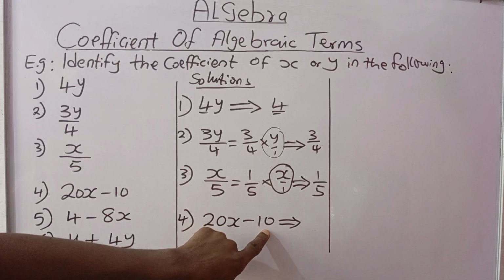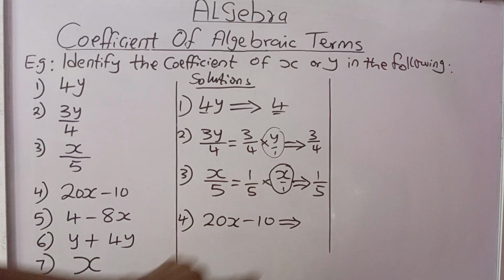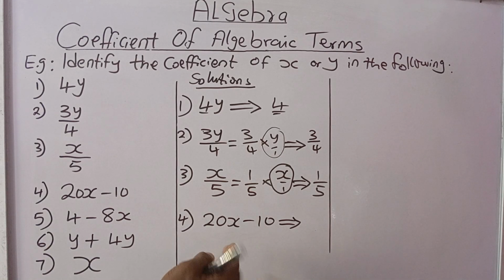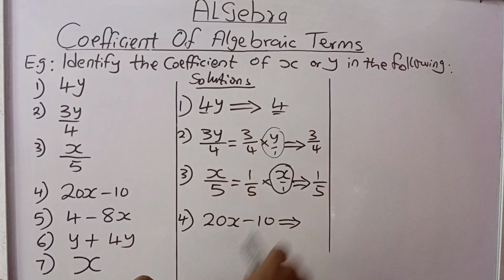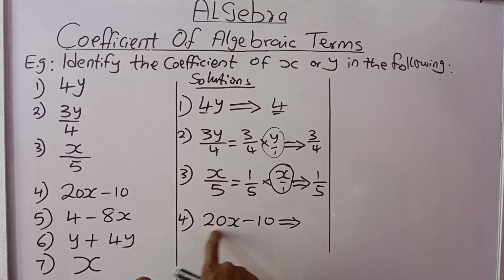So therefore, the 10 is none of our business as far as this question is concerned. We only concentrate on the one with x in it because the question says the coefficient of either x or y. So this is the only place we have x. So we are concentrating on the number that is attached to x. This one has no x.